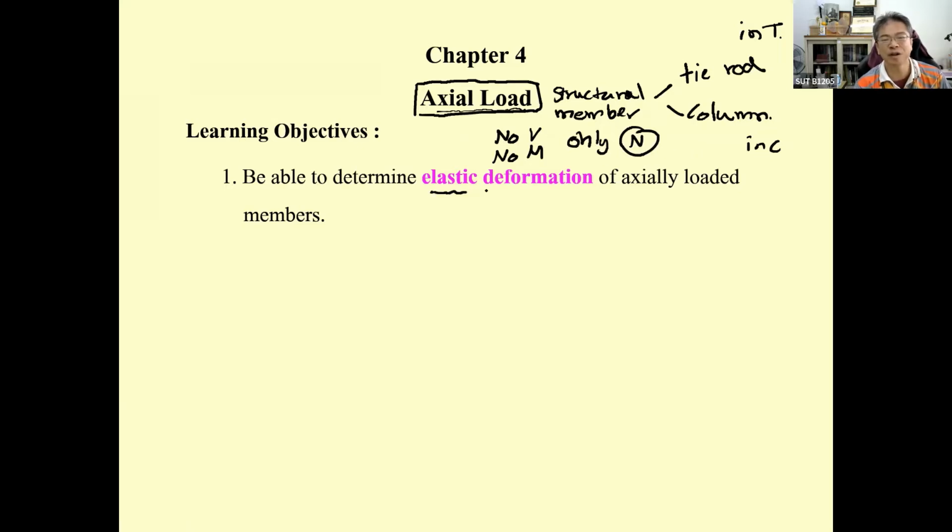And then we're going to consider the elastic deformation, and by doing this, we're going to use Hooke's law. Sigma equal to E, modulus of elasticity, times strain.